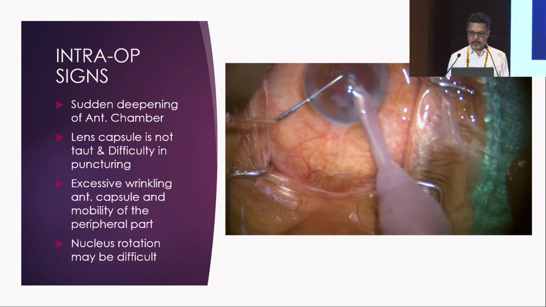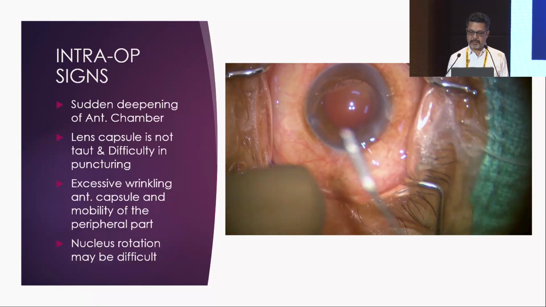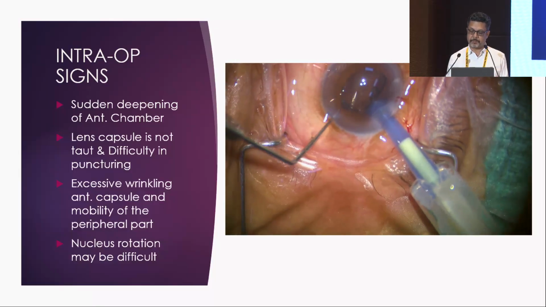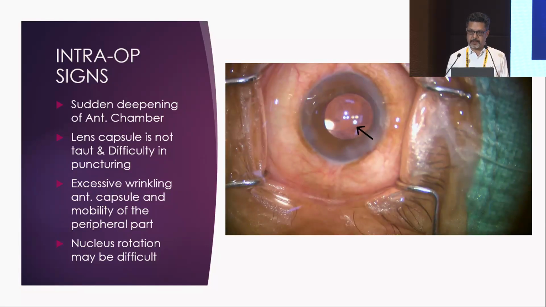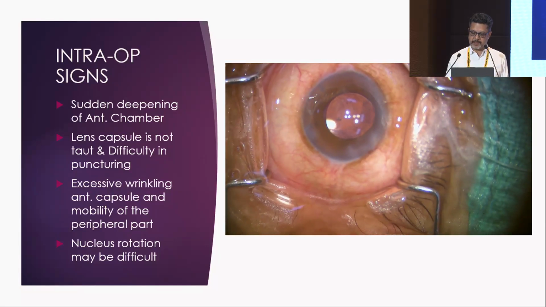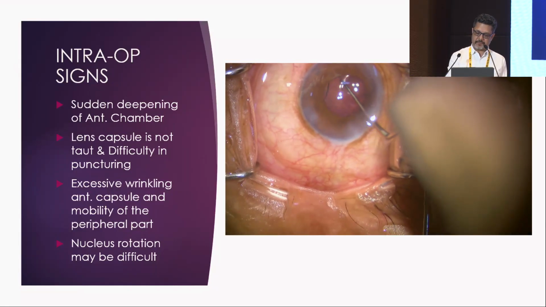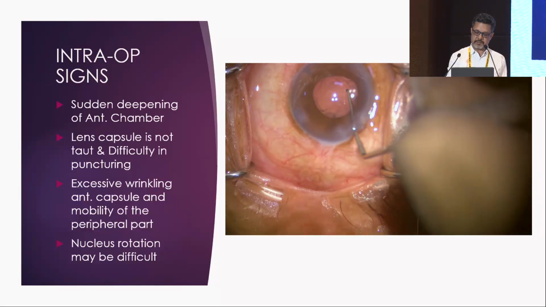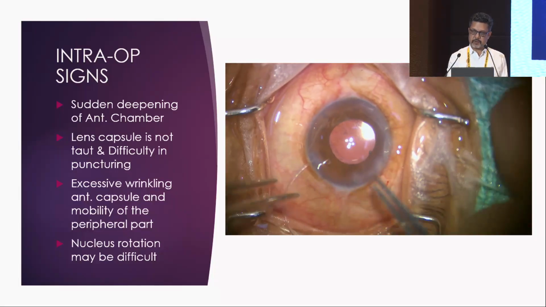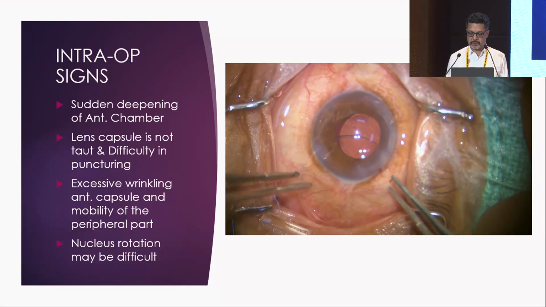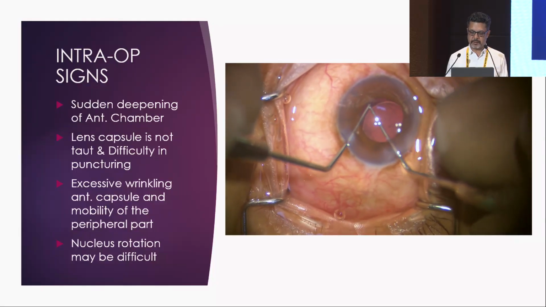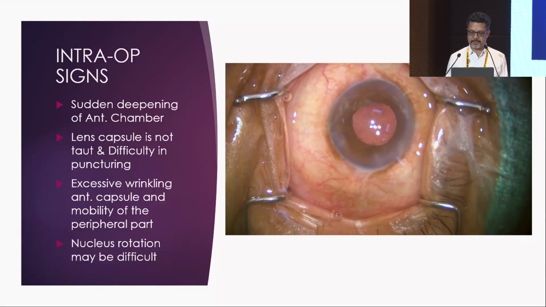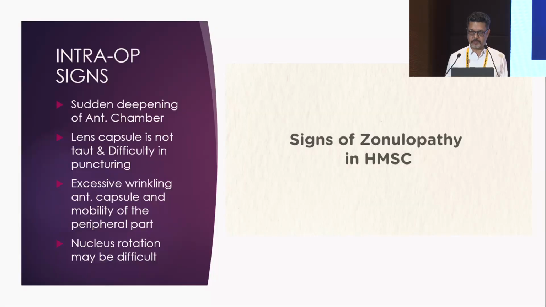So it was very difficult to get into the anterior chamber. We had planned for a pars plana vitrectomy to make some space in the anterior chamber. But in this case, again, I want you to see that after the intraocular lens implantation, there is a lot of movement in the capsular bag. So this is a good case for implanting a CTR to stabilize the bag. So once we stabilize this, this finishes the surgery.